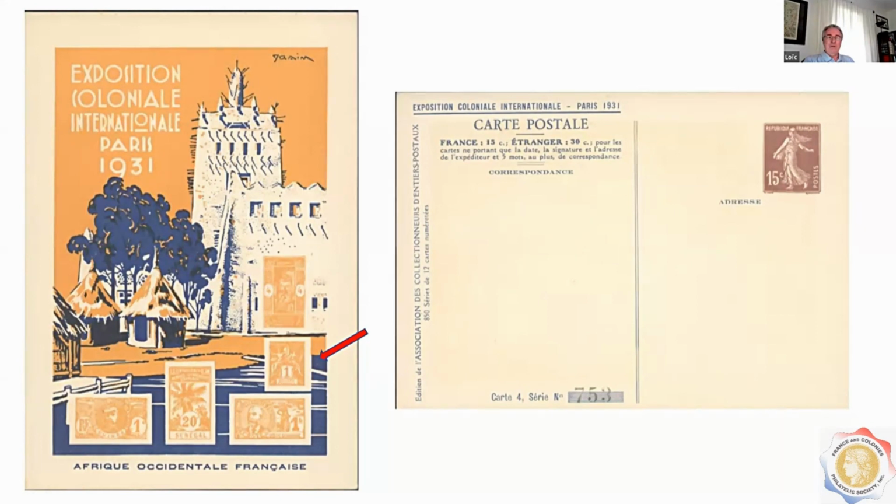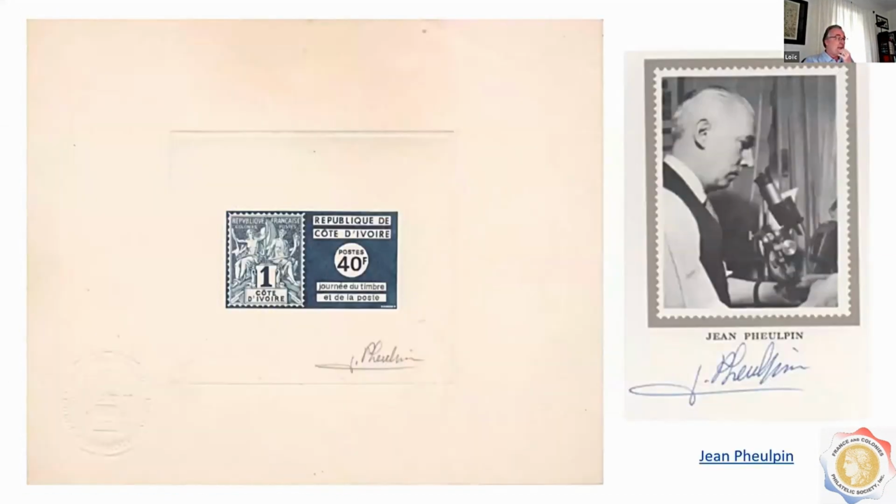Moving along, we're gonna go with in the category of stamps on stamps, and we'll start with Côte d'Ivoire. So I'm going to say Côte d'Ivoire. I will try not to say Ivory Coast, because Côte d'Ivoire has asked that the name in English be kept as Côte d'Ivoire. So we'll use that. So this is a luxury kind of proof that is signed by the engraver, by the artist, Jean Fulpin.